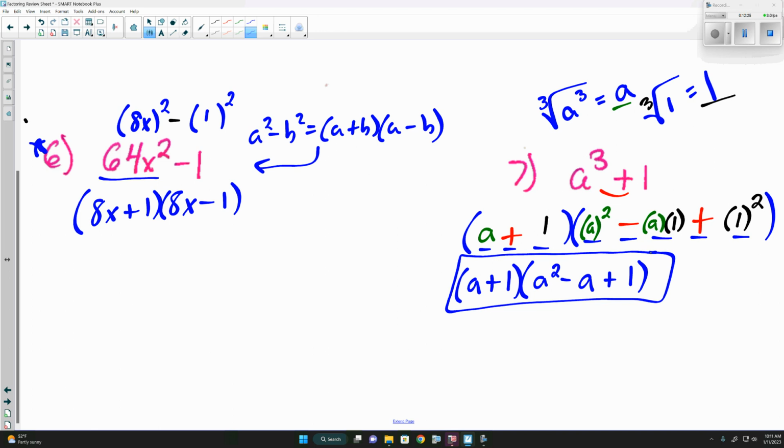A plus 1 times a squared minus a plus 1. Questions on this one here? Because 1 squared, 1 times 1 is just 1. We'll look at another one where the first and second terms aren't as simple as this here.